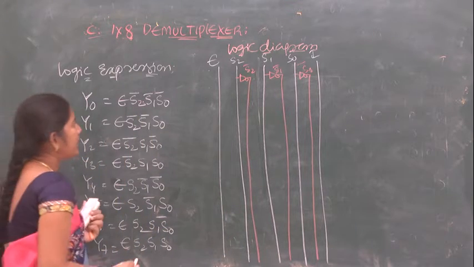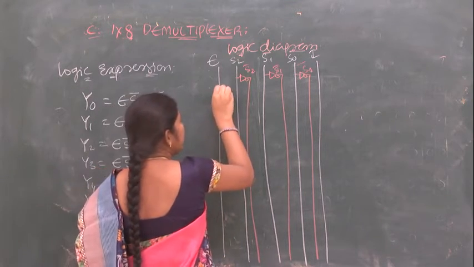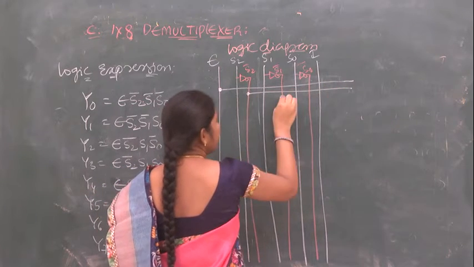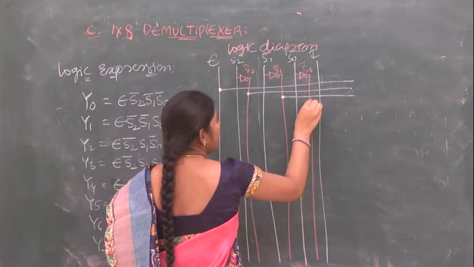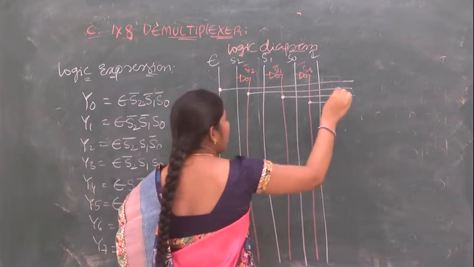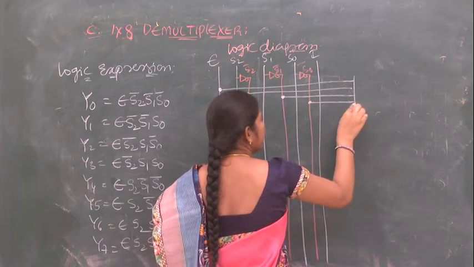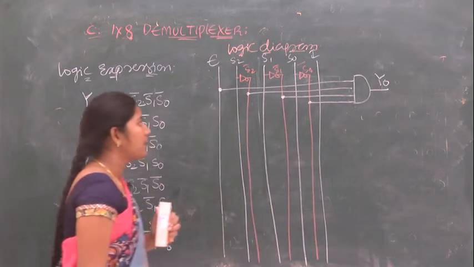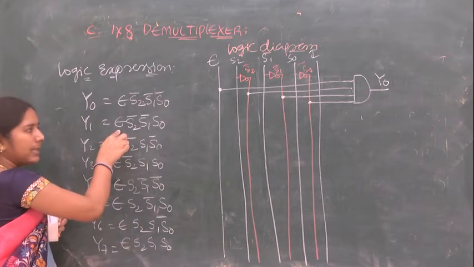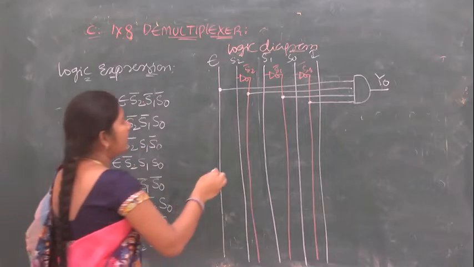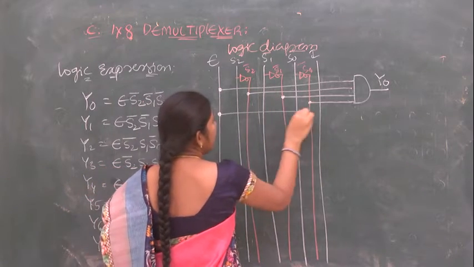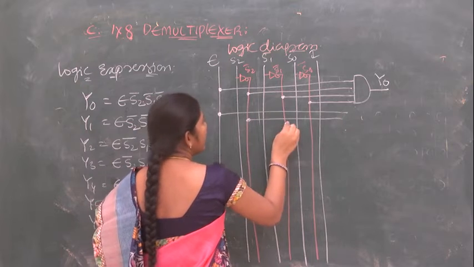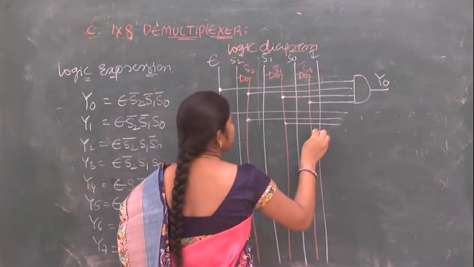Now for the first expression, just see. Here it is E, S2 bar, S1 bar and S0 bar. All are ANDed together. So give it to one AND gate and you will get Y0 as the output. For the next case, E, I am taking S2 bar and S1 bar, S0.